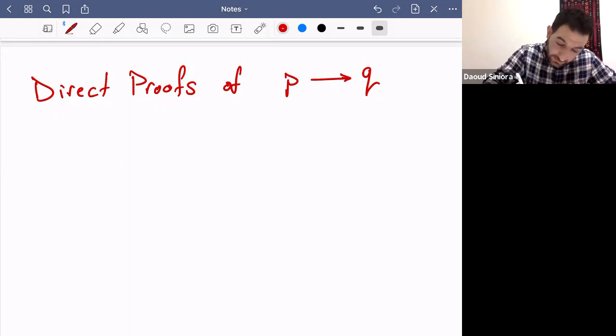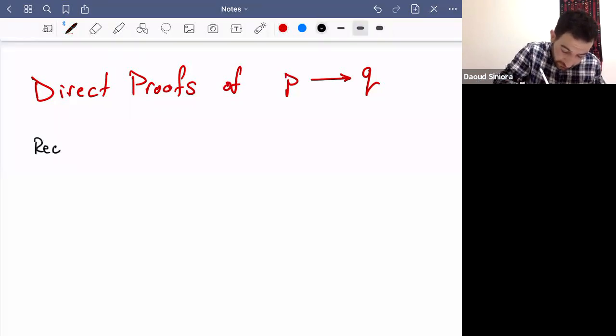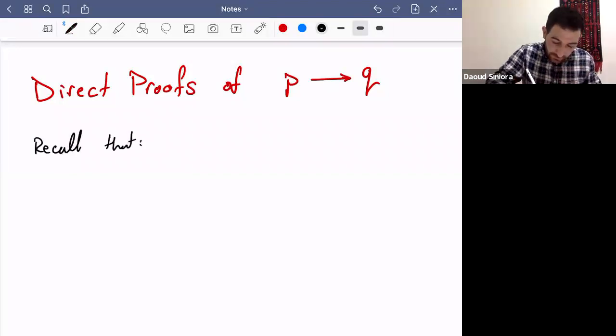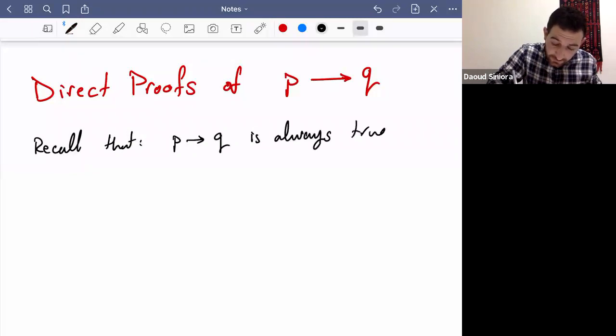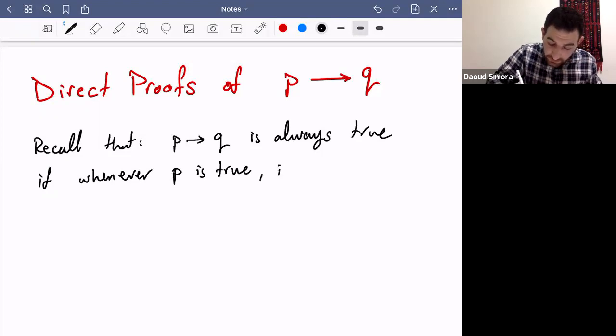Recall that we discussed before that we can show that P implies Q is a tautology, or is always true, if we show whenever P is true, the hypothesis P is true, it follows that the conclusion Q must be true.